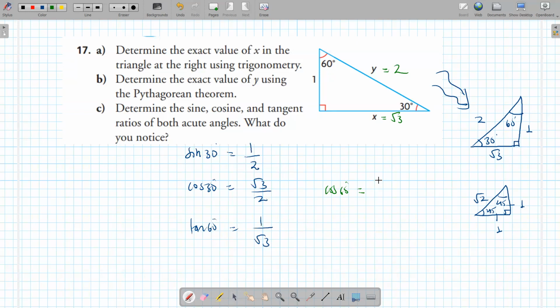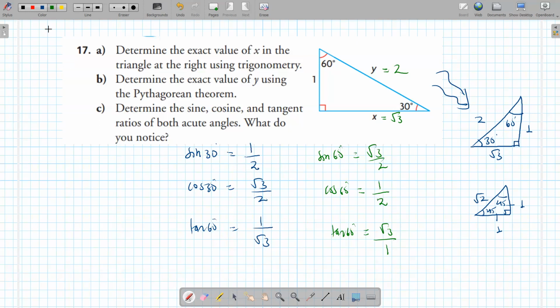So it's 1 over 2. Sine, what's sine 60? That's root 3 over 2. And tan of 60, again, it's going to be the opposite, so root 3 over 1, or just root 3.